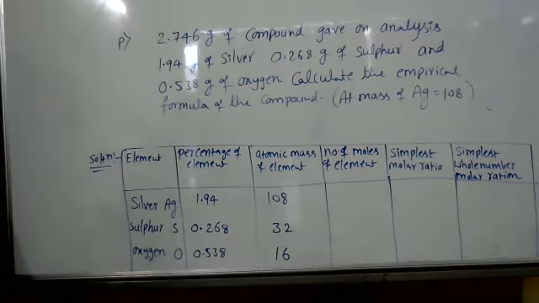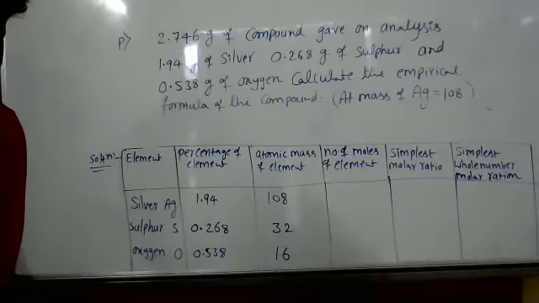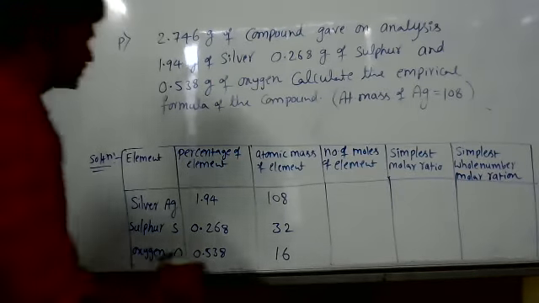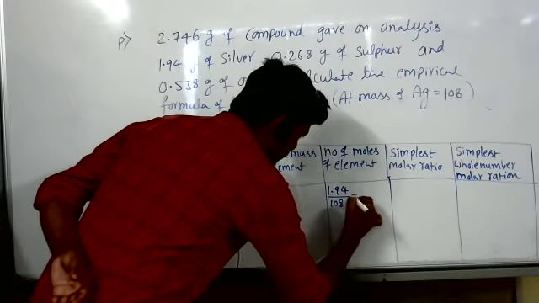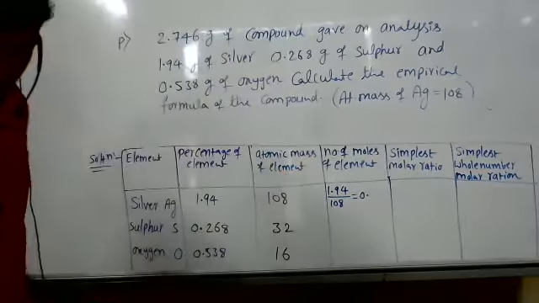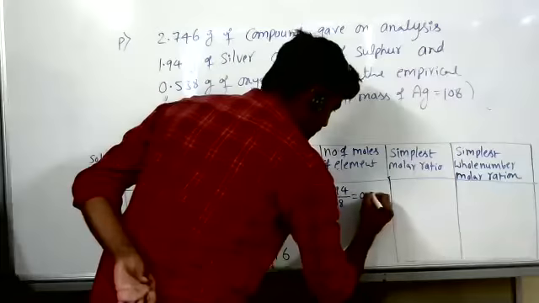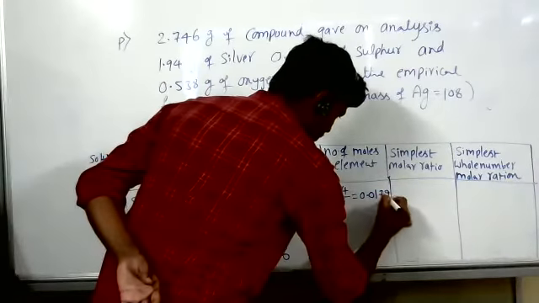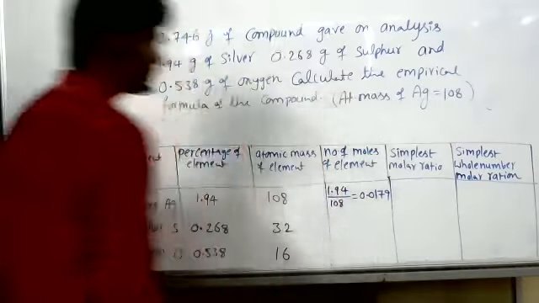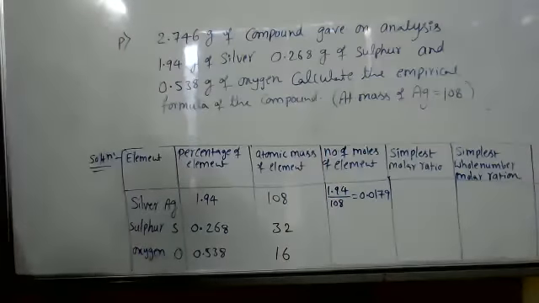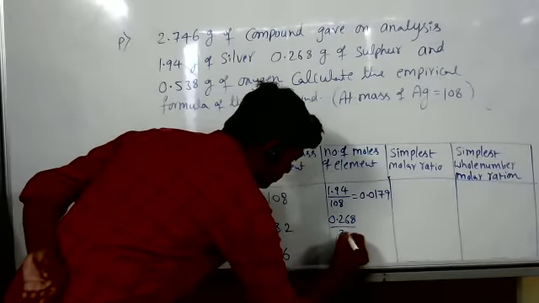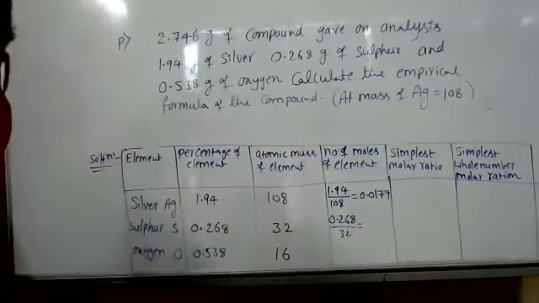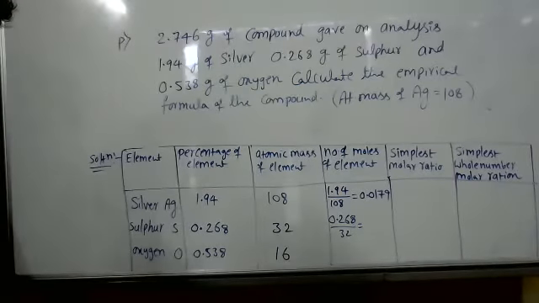We can go through this by calculator. 1.94 divided by 108 gives 0.0179, about 0.017. Now calculate the sulfur number of moles: 0.008375.